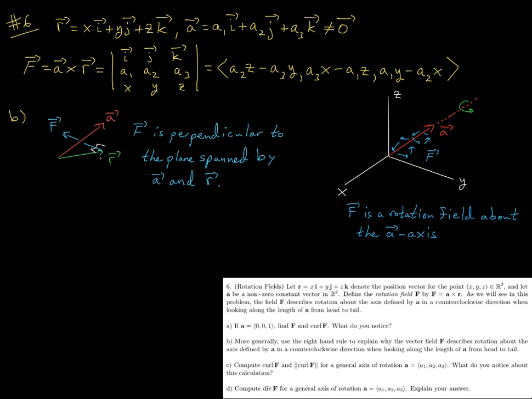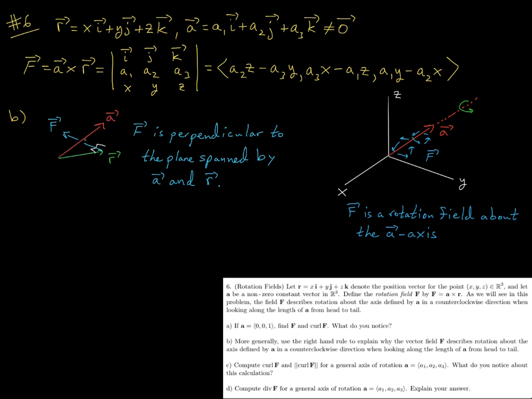The main idea here is that A is a fixed vector. Think about a point at the tip of the green position vector R. If I form the cross product of A and R, remember the direction of this cross product is determined by the right-hand rule.